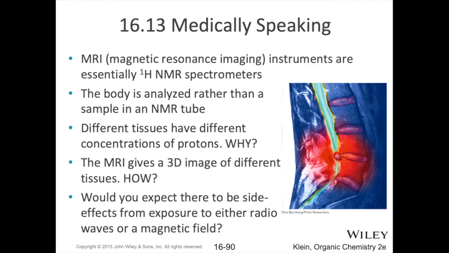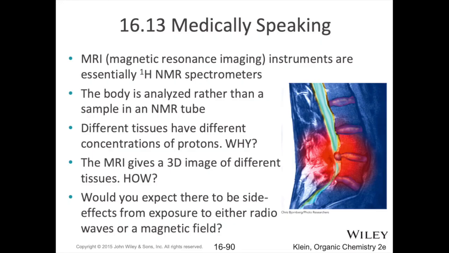All right, so we've mostly been looking at these from an organic chemistry utility standpoint. NMR, I've hopefully impressed upon you, is a very, very useful technique for organic chemists. But that being said, this technology has very wide-reaching scope.